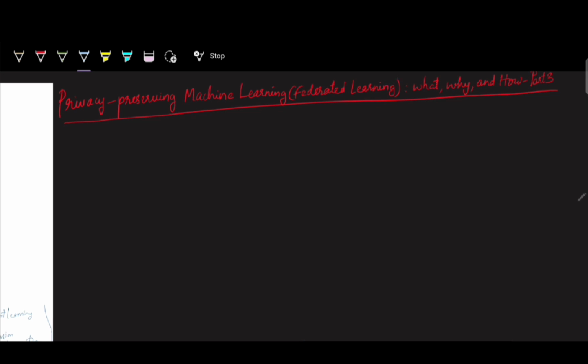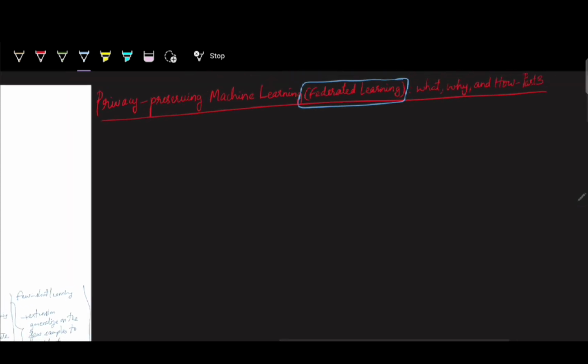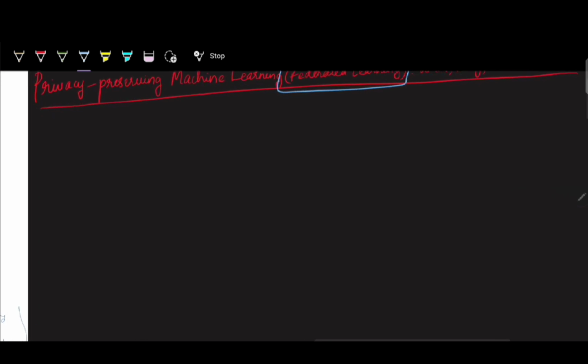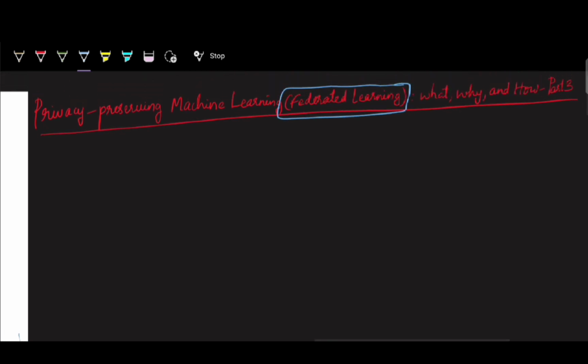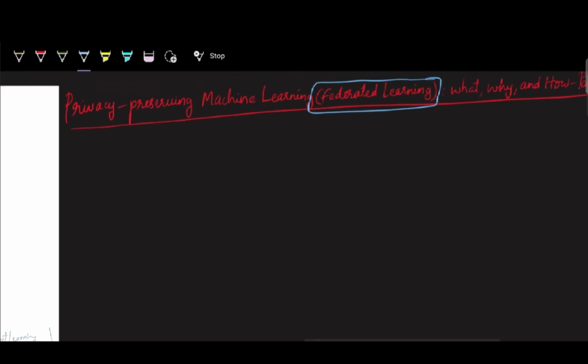So basically, federated learning is a decentralized approach to machine learning, where the model is trained using data that is distributed across multiple devices without the need to transfer the data to a centralized location.